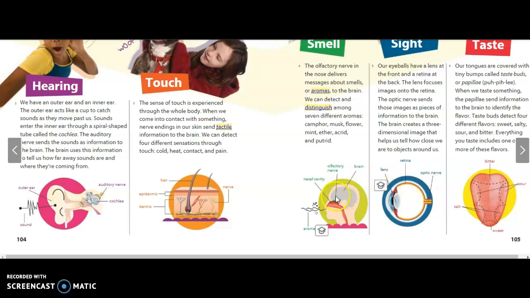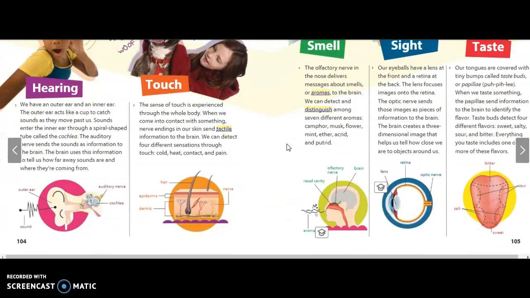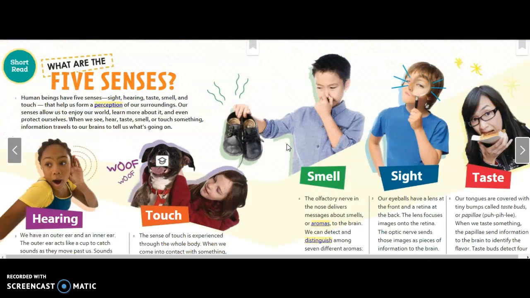Because here, it's showing the inside of these 4 images. So we are going to read about the 5 senses. Short read. What are the 5 senses?